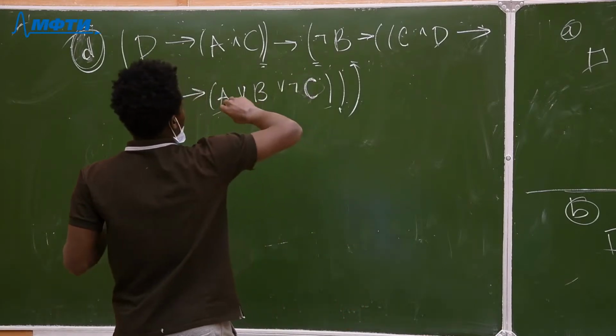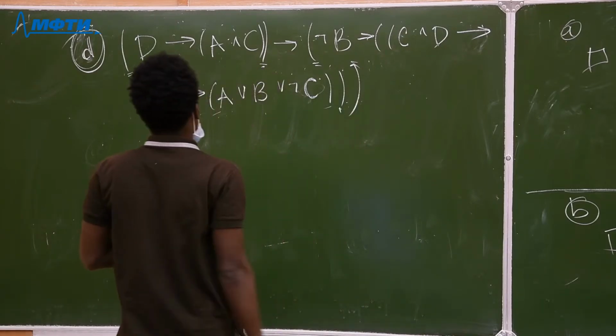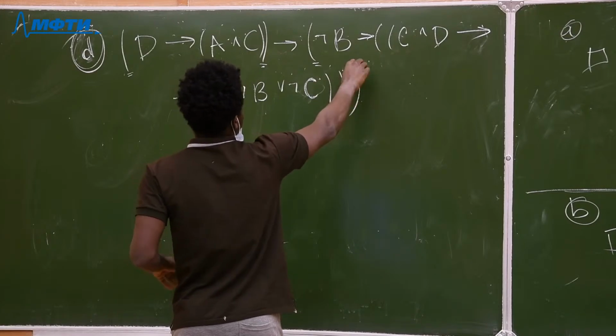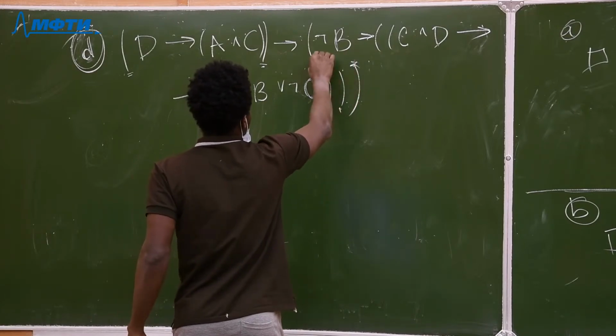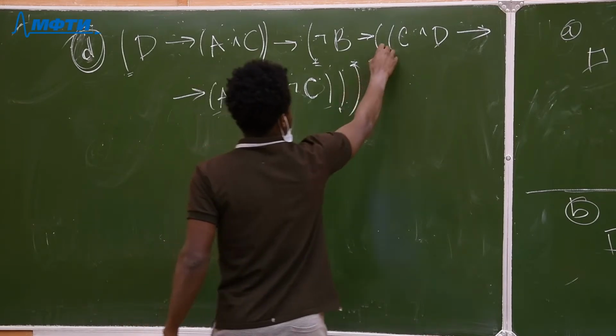Here, what is this bracket? Yeah. Okay, here I'm trying to find the right brackets. For example, this bracket is the closure of this bracket, and this one is the closure of this one.